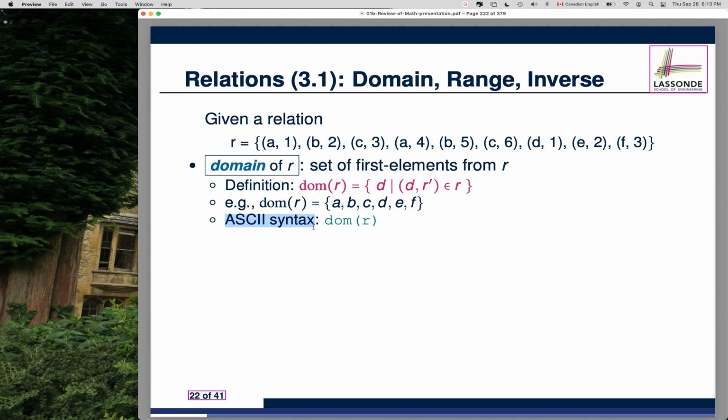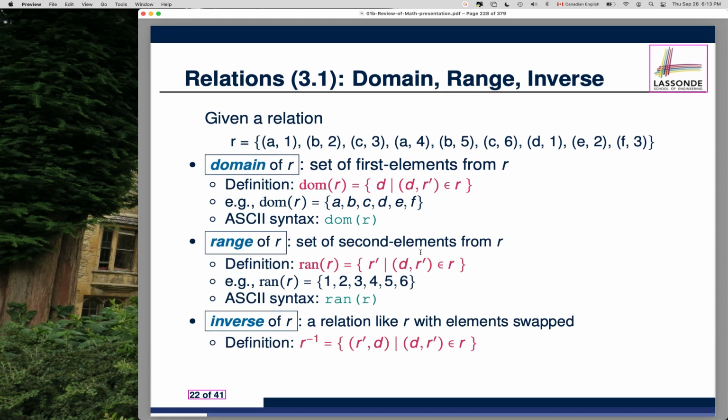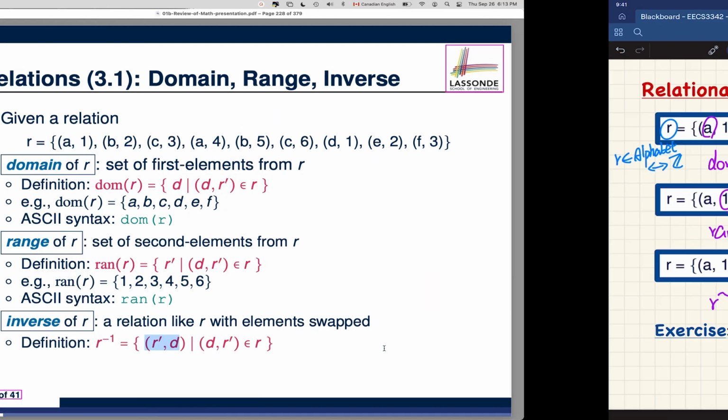Just notice that. And for the inverse, in some way it's very easy. If you got a pair D R prime in the relation, what should be the member to be included in the resulting set in the inverse? Well, it should be R prime D, just reverse the domain and the value, right? That's by definition.